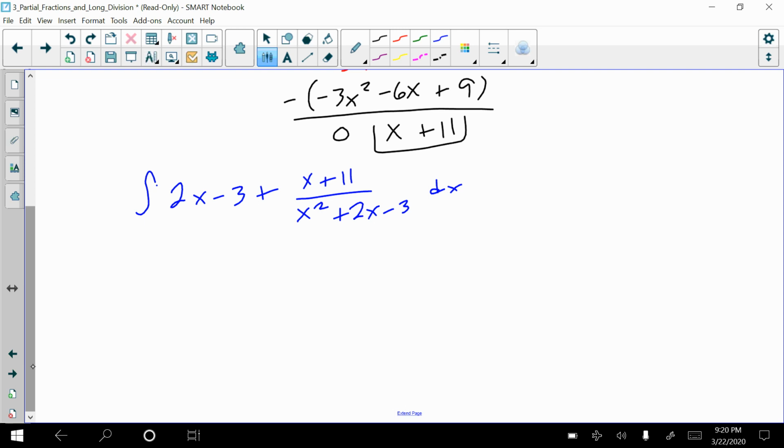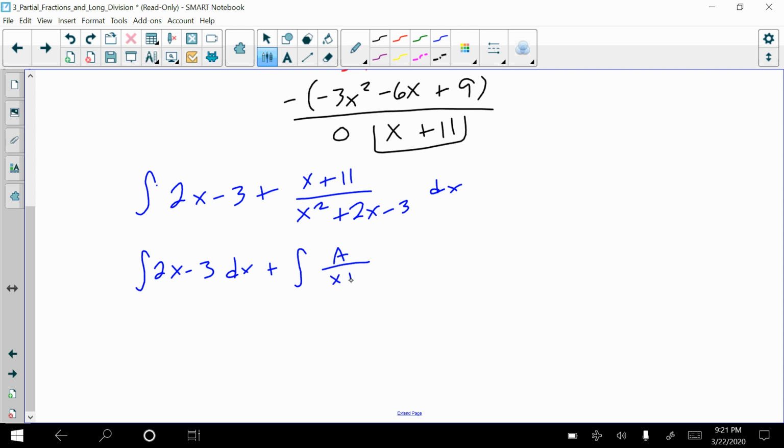So let's take a look at how we're going to break that up by doing partial fraction integration. So we have the 2x minus 3, and we'll just put a dx here. And then we're going to break this up into our A over, and we're going to factor the denominator. The factors of the denominator in this case will be an x plus 3 and an x minus 1.